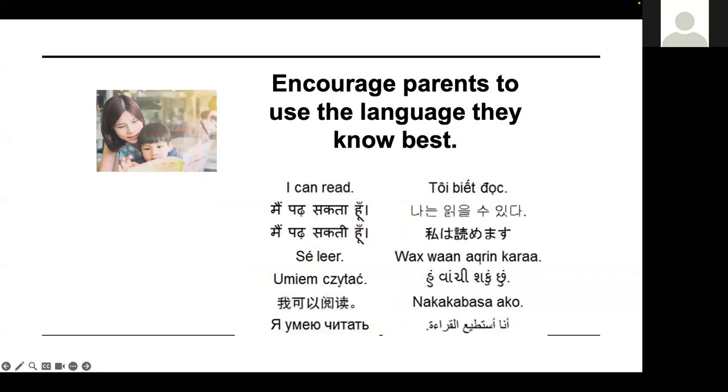Okay. Another point to make when we're talking about all of this is that we want to encourage parents to use the language they know best. If English is not the parent's first language, encourage them to speak to their child in the language that they know best. This allows them to have conversations with their child more fluently.